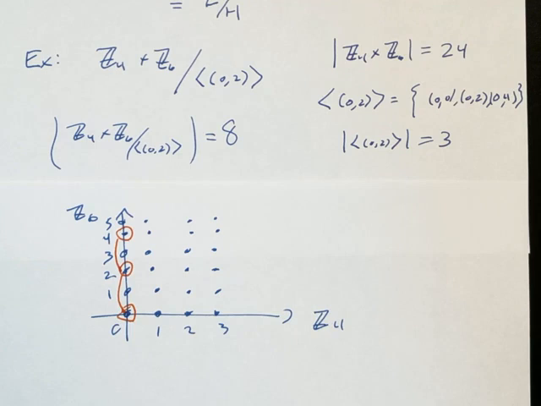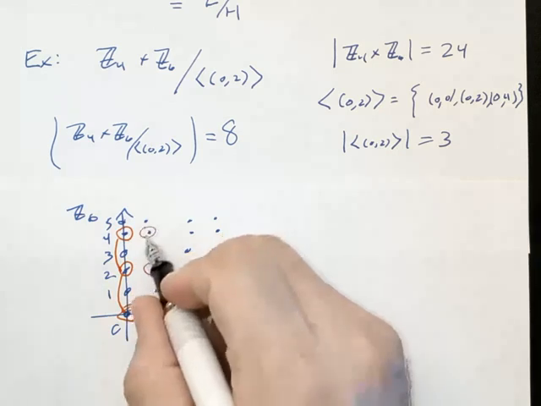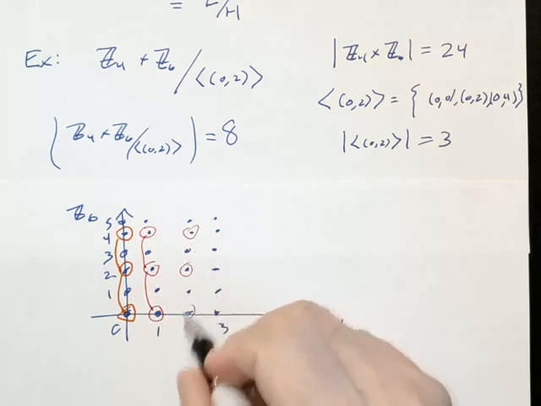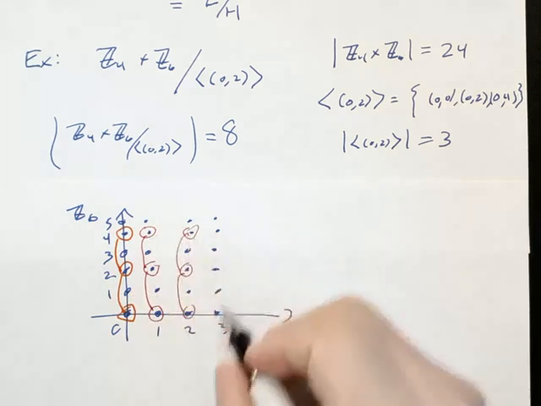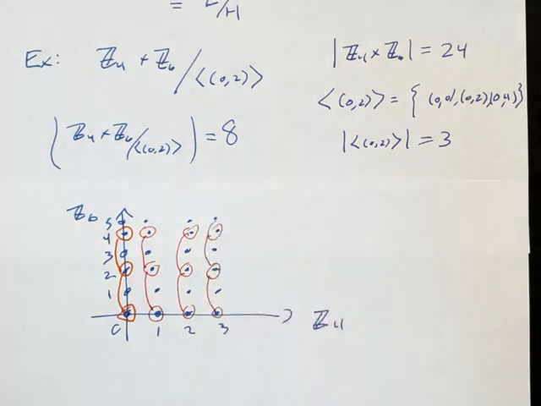Just go across. But if I go across, I get that. I get that. I get that. That's only 4 cosets, including the original one. Where are the others?